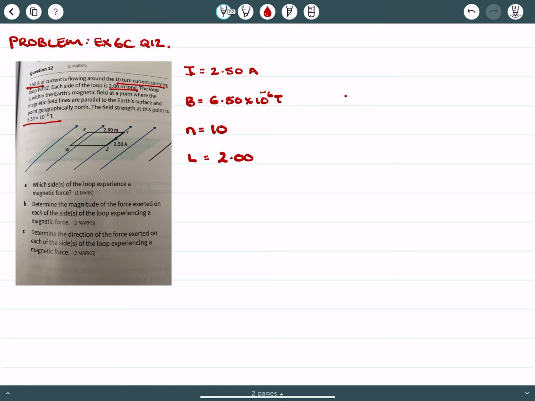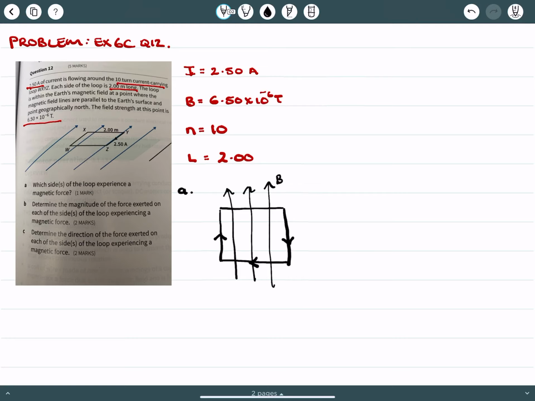Part A says which side of the loop is experiencing a magnetic force. Let's say I just draw my loop looking from downwards. The field lines are going across it, and the loop has current going that way.